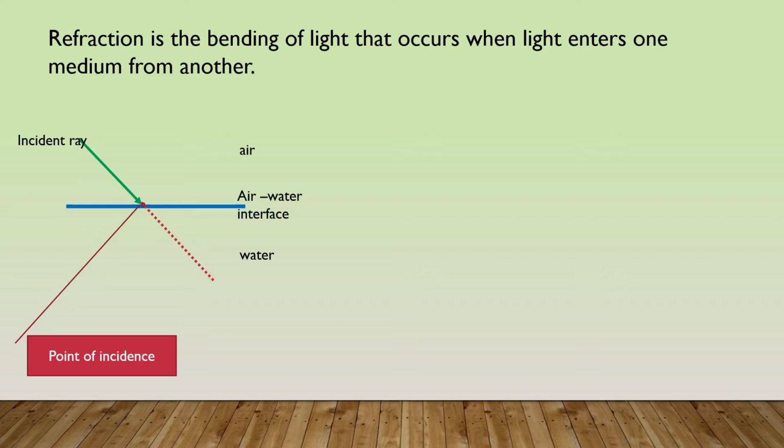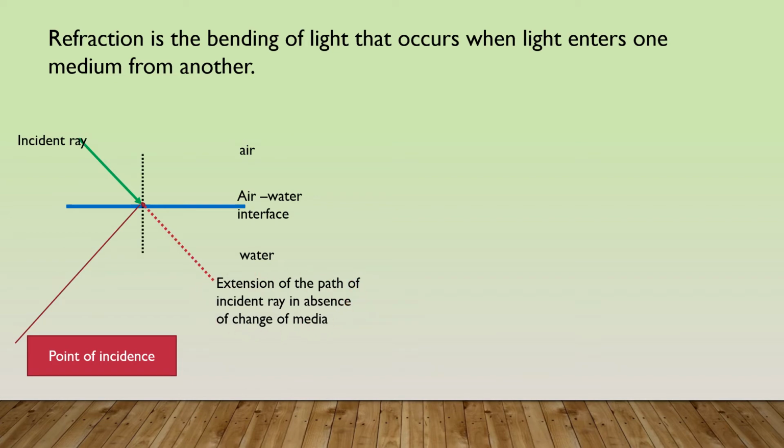But since there is a change of media, it will not go in the same direction. So it has been put in a dotted way, and we can label it as extension of the path of incident ray in absence of change of media. If there was no change of media, the incident ray would have continued in the same path. That is the meaning of this text.